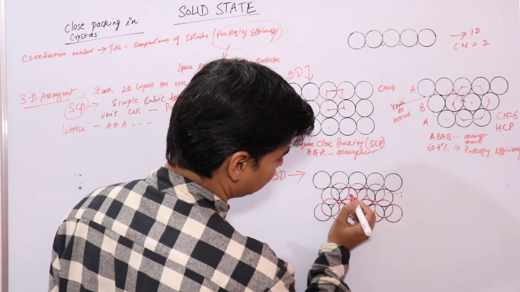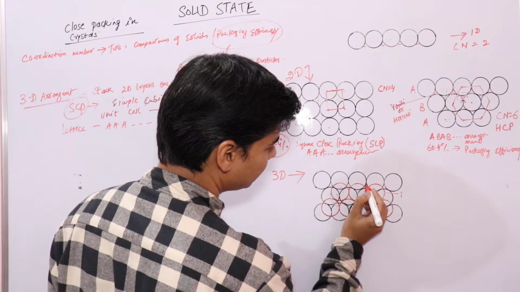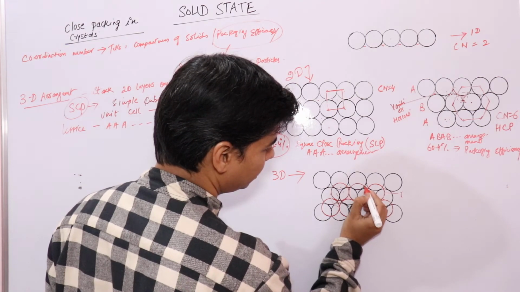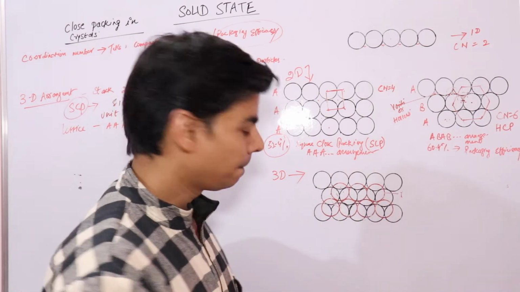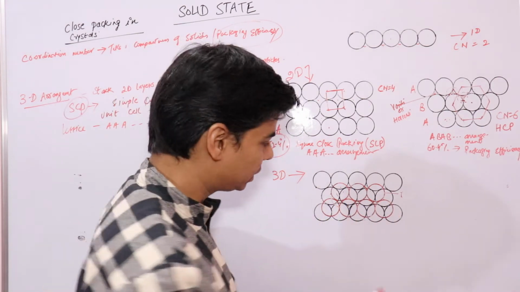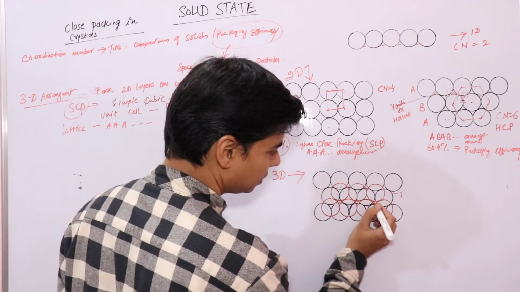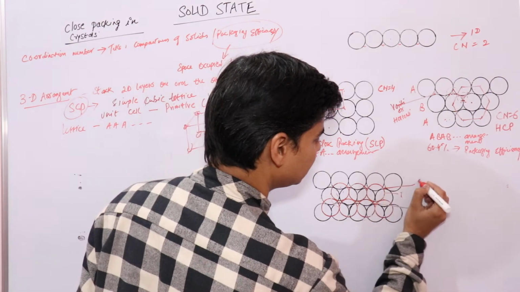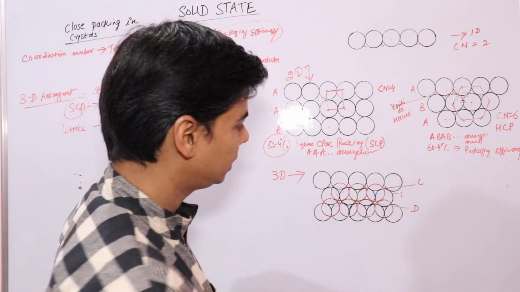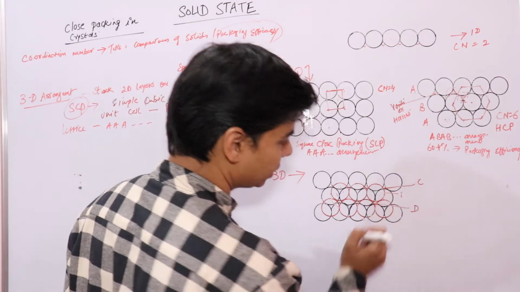First are these voids, which are the voids of the first layer, and the second type of voids are formed from the second layer, which are these voids. Let's say these are D and these are C type of voids. So these are 2 types of voids.